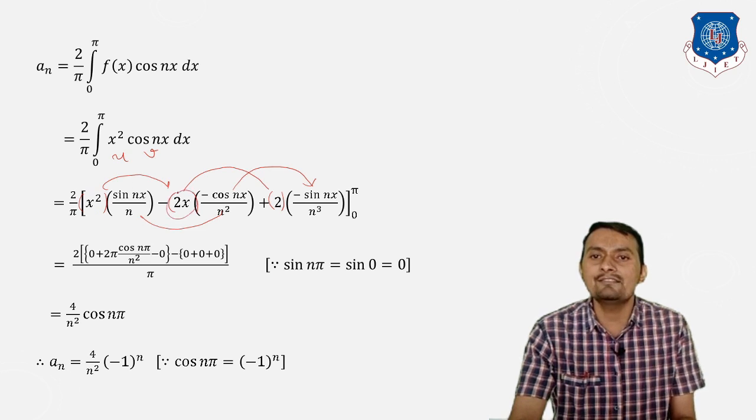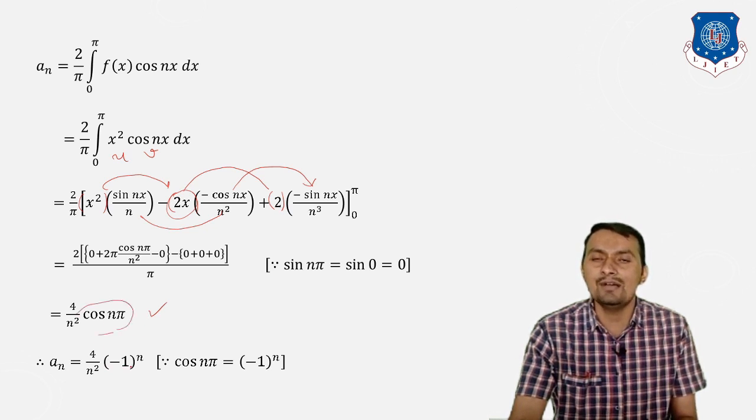If I put x is equal to 0 here, again it is going to be 0, and sin 0 is 0. But when we simplify, it is going to be 4 divided by n square cos n pi. But cos n pi is exactly minus 1 raised to n. So an is equal to 4 divided by n square times minus 1 raised to n.